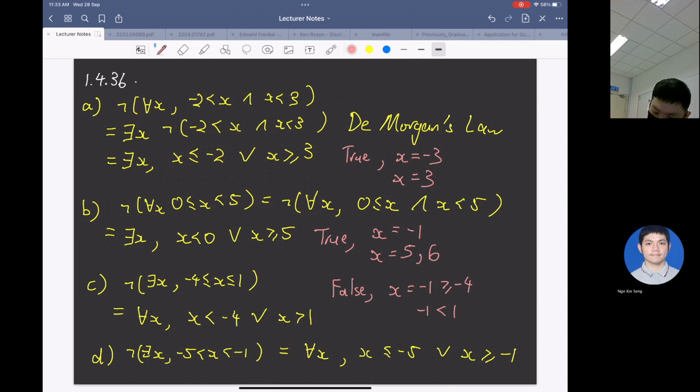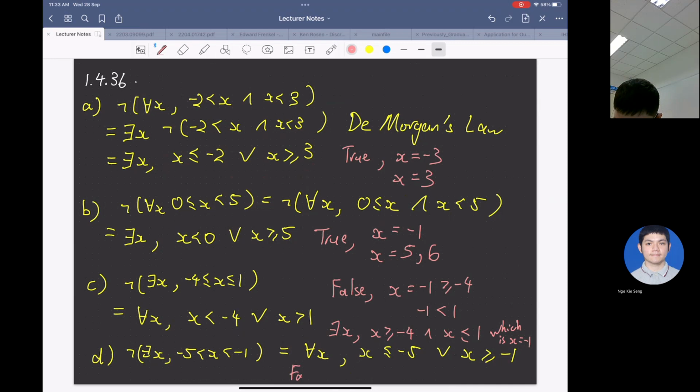So you found an x such that x is greater than -4 and x is less than or equal to 1, which is x equal to -1. Okay, so D, true or false?